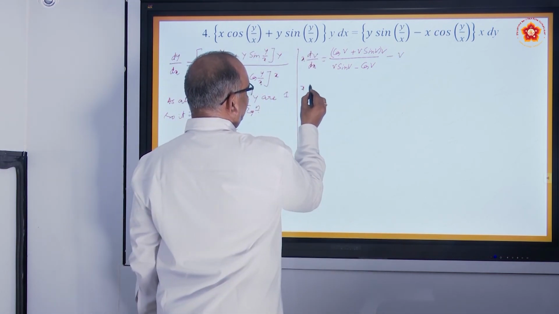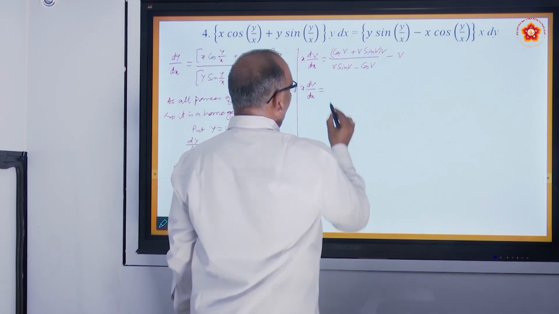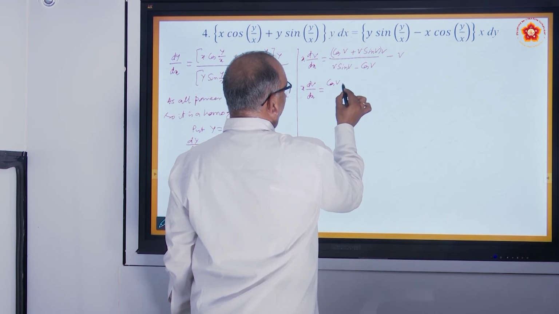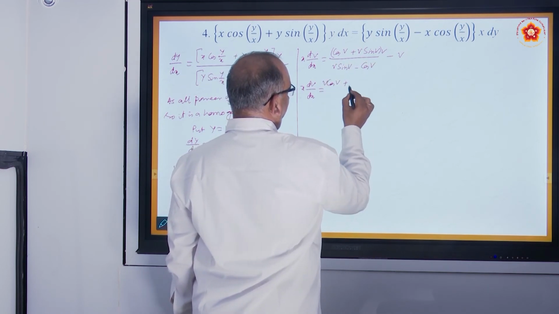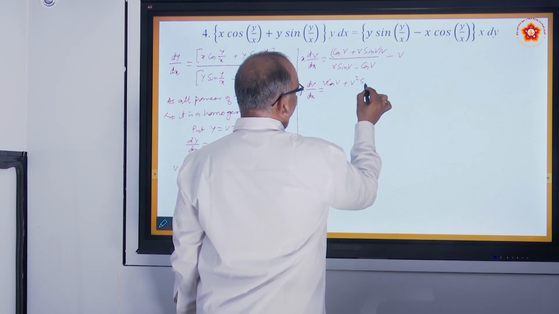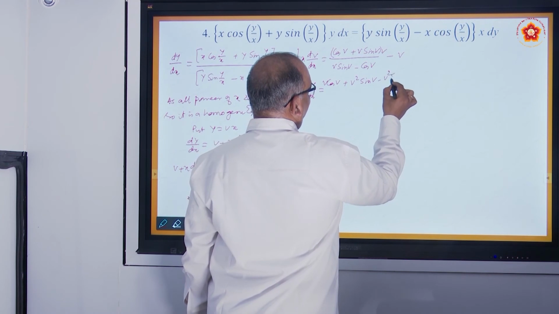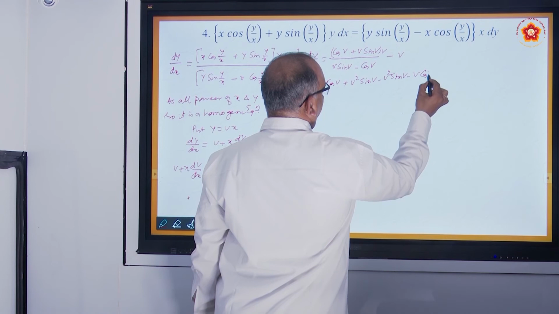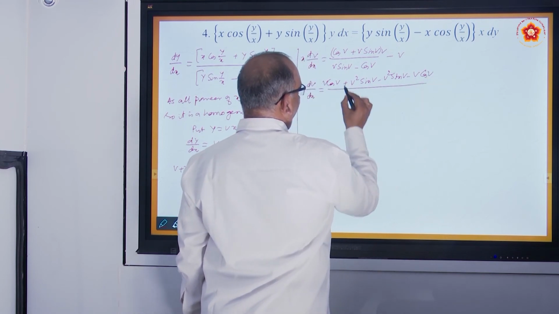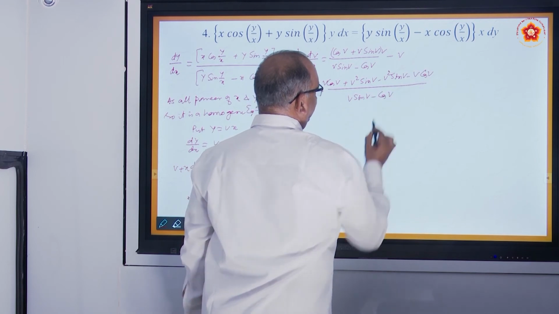So you will have x dv by dx equal to cos v plus, sorry, v cos v, multiply with that, v cos v plus v square sin v, take LCM, minus v square sin v minus v cos v, whole thing divided by v sin v minus cos v.